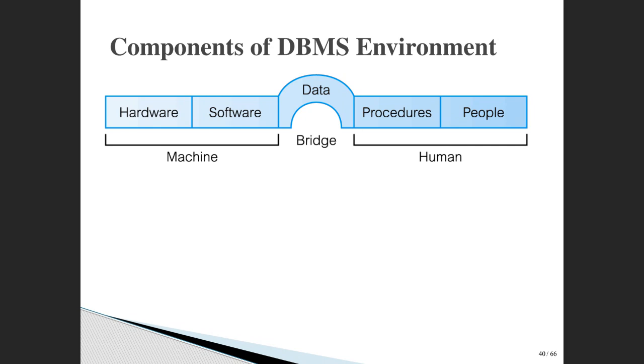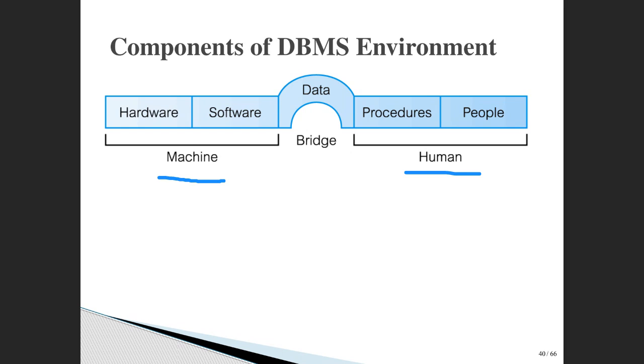There are two main categories. One is the machine here on the left side, and the other one is human. The machine will be hardware and software. Hardware, what does it mean?